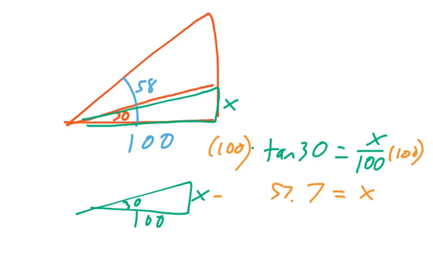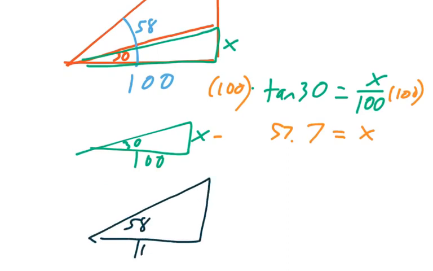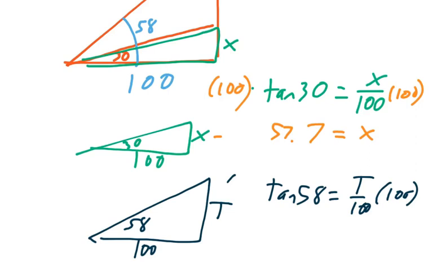Now for the other part, I have to do the entire triangle, which is 58 and 100, and we'll call this T. And so I got the tangent of 58 now equals T over 100. When I multiply both sides by 100, we get the answer of the total height is 160.